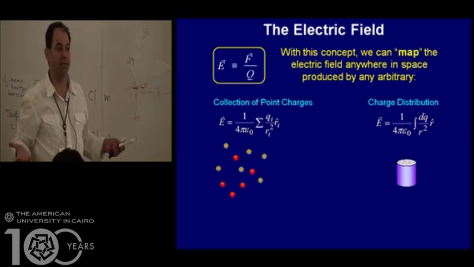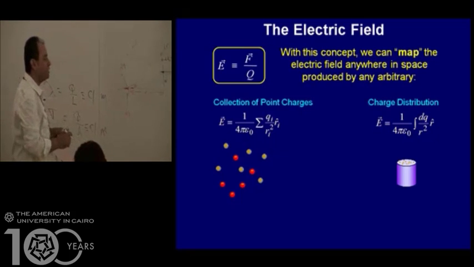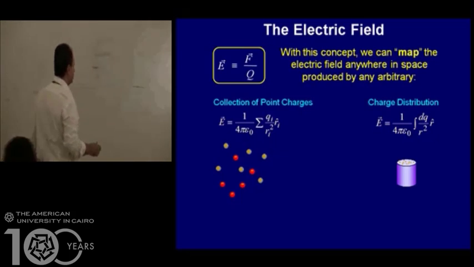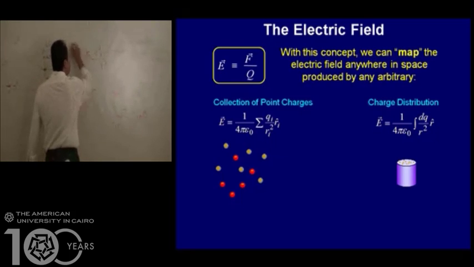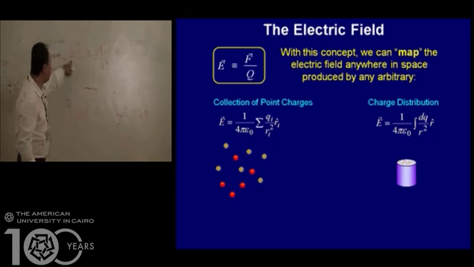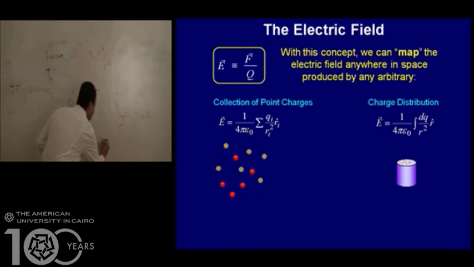Okay, now let's translate from symbols into equations. dE equals k dq over r squared sine theta.